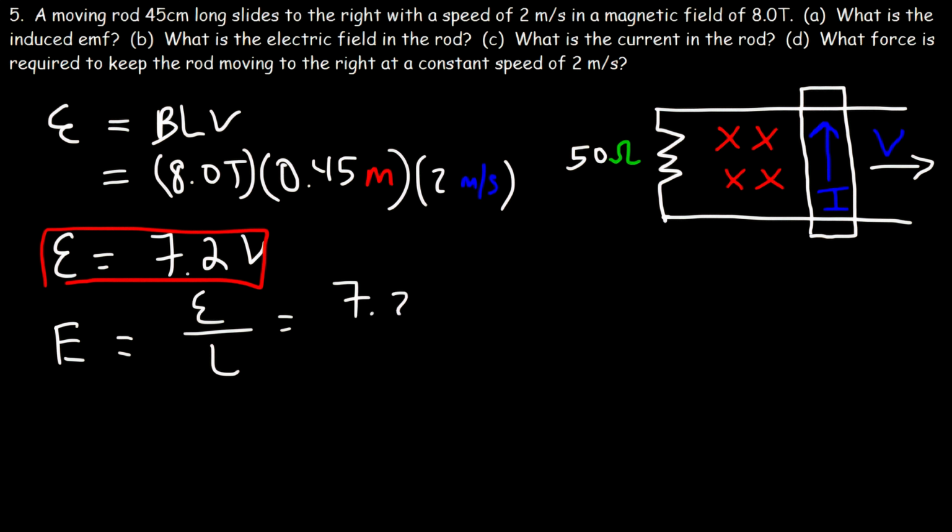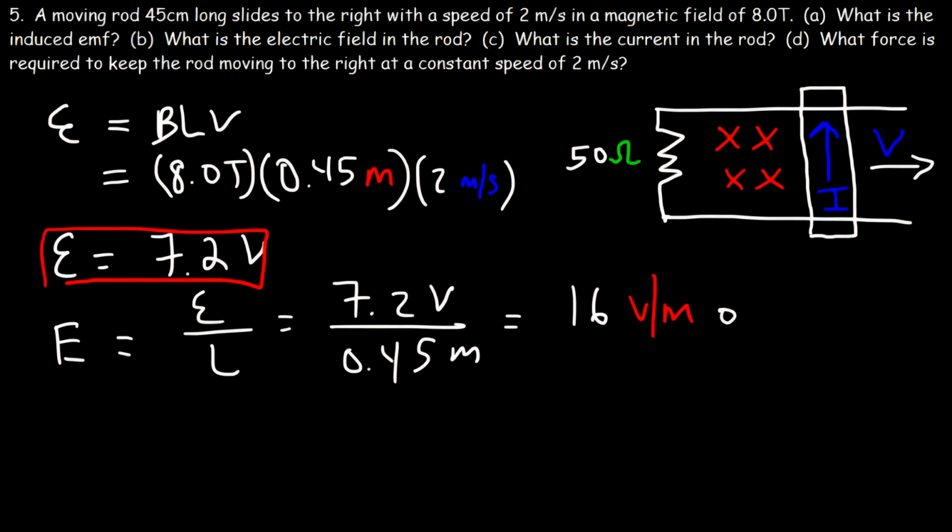The EMF is 7.2 volts, and the length of the rod is 0.45 meters. 7.2 divided by 0.45 is 16. So it's 16 volts per meter, or you can describe the electric field in terms of newtons per coulomb. 1 volt per meter is the same as 1 newton per coulomb. So that's the answer for part B.